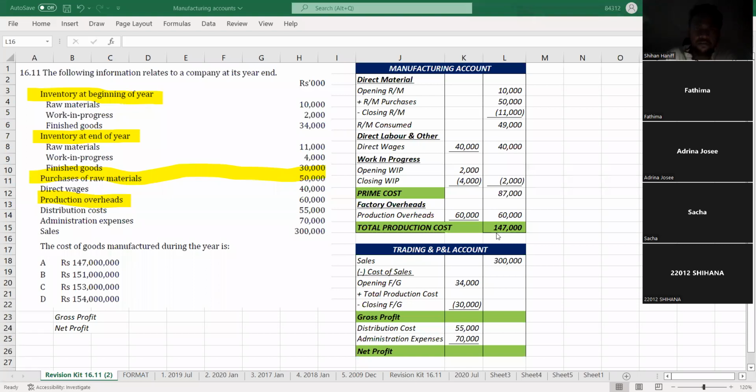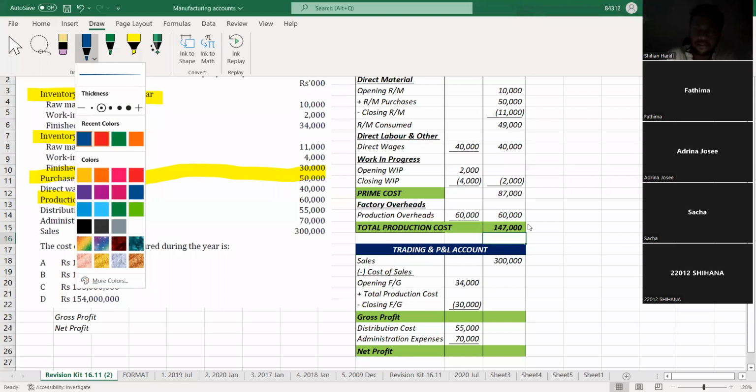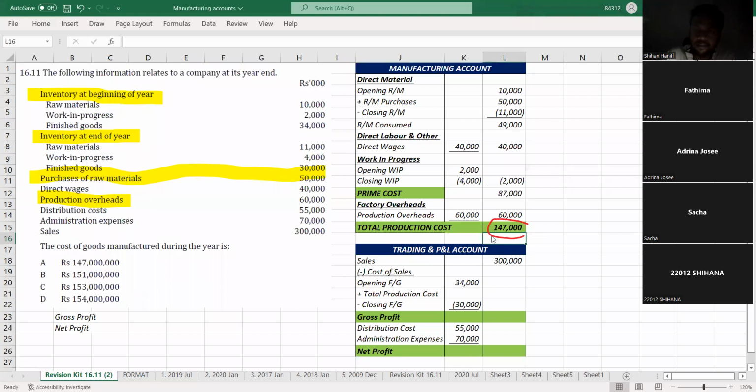Now the total production cost will be transferred to the trading account. So in an earlier question, some students asked me where to take this total production cost. So this will be taken here. Normally in cost of sales, what you have is opening stock plus purchases. But here, if they have a manufacturing account, they take total production cost to this.